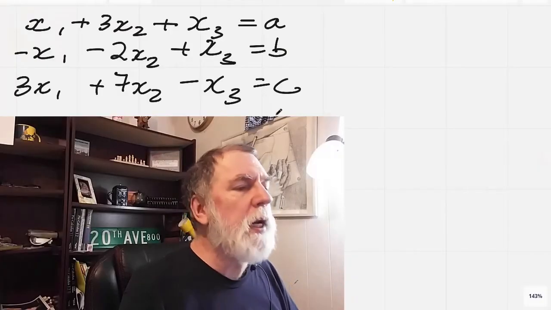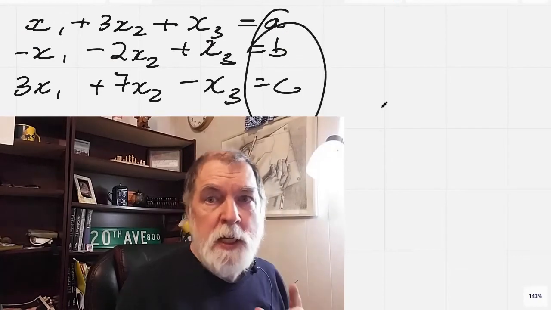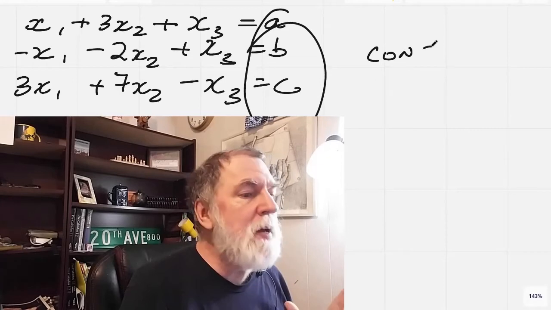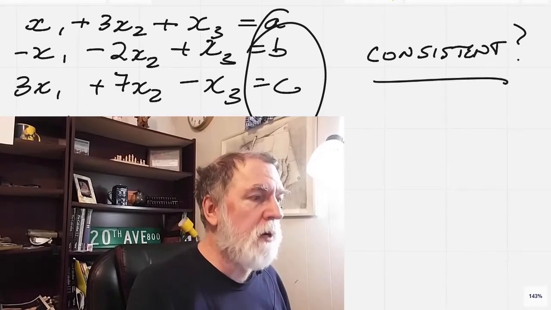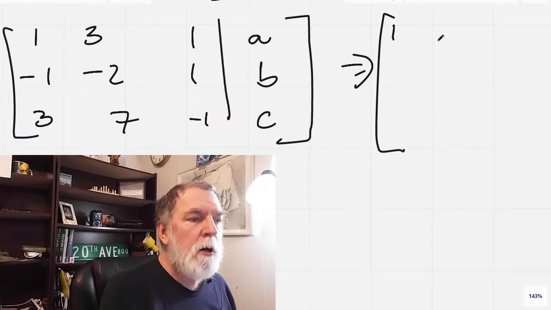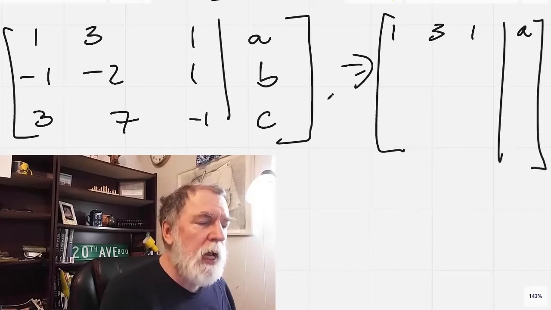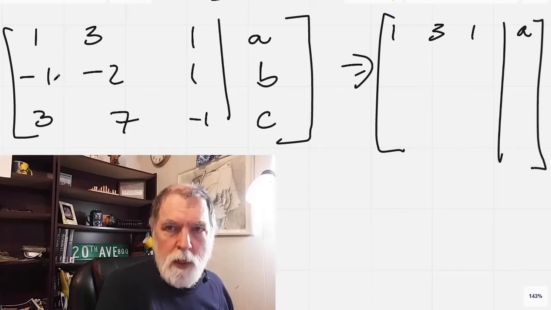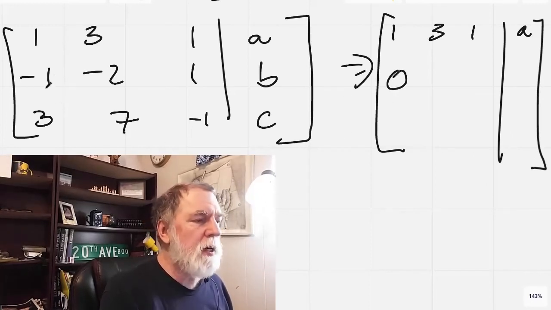What constraint must we put on a, b, and c so that this system will be consistent? We start with our matrix. We want row echelon form. Our top row is the way that we like it. It's got a leading one already. The second row, we'll add the top row to it because we want that to be a 0.